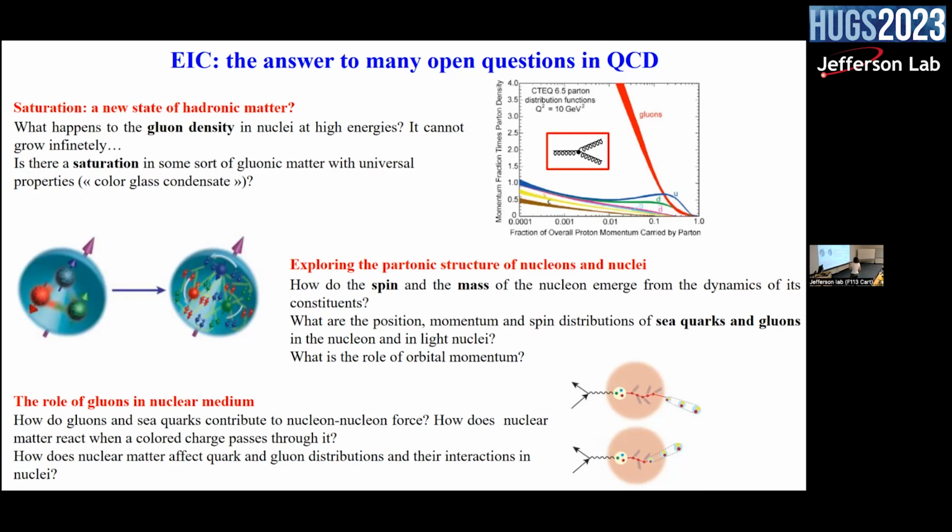Another of the purposes, of course, is understanding the partonic structure of nuclei, which is the goal of the measurement of exclusive reactions that we are talking about now. So understand the spin and the mass of the nucleon, how they emerge from the dynamics of the constituents, do our beloved tomography, in this case looking at quarks and gluons, while here at Jefferson Lab we are mainly focused on the valence region, trying to understand the contribution of the orbital momentum to the spin and so on.